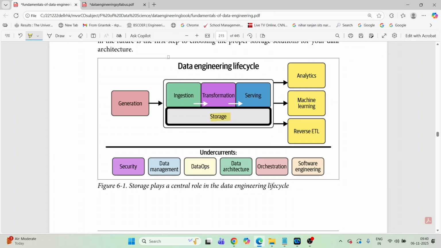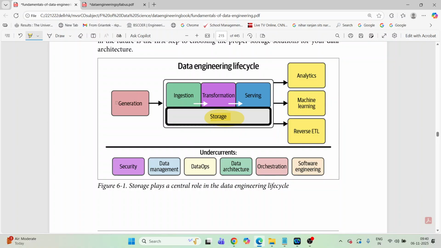So we all know the significance of storage in the data engineering life cycle diagram. We have been referring to this diagram from the first chapter, and now we know that for every stage of the data engineering life cycle, there is a separate chapter dedicated. For example, storage is one of the stages, and we have a separate chapter for the storage phase.